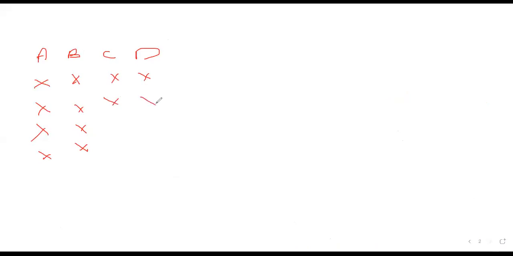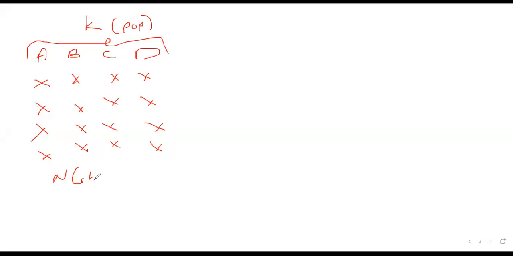So this is a one-way ANOVA, which has treatments and blocks. The number of treatments is called our K. These are called populations. And the number of observations is called our N. So the ANOVA table has the following format.